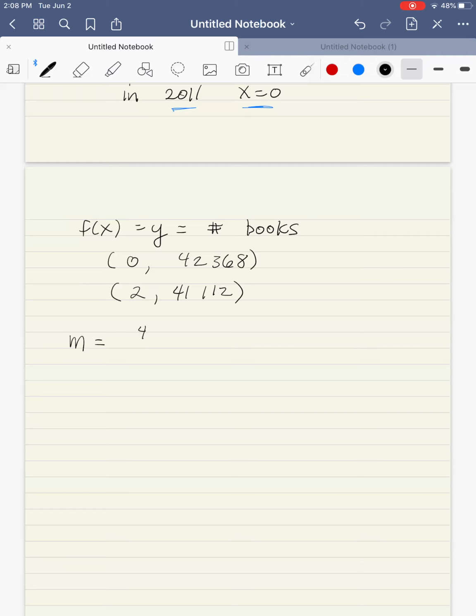All right, first thing I'm going to do is find my slope. The number of books is my y's, so that's in my numerator. And since I started with the first point, I have to start with the second point. And I'll use my calculator here.